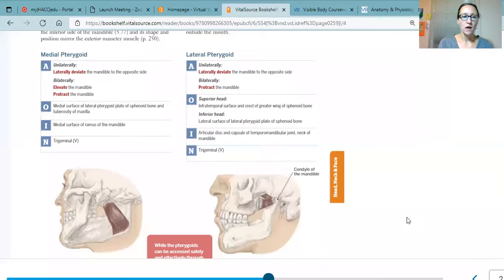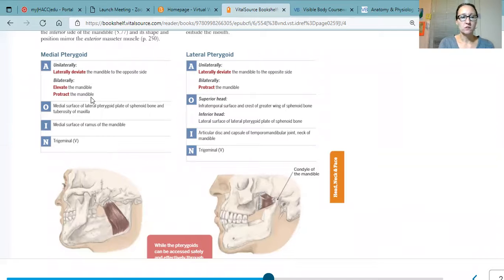Okay. There, again, you can't palpate any of that, but it's okay. We'll go back in here. All right. So medial surface of the lateral pterygoid plate of the sphenoid bone. Yes, that's all part of the sphenoid. Remember, the sphenoid makes these wing-shaped pieces inside the skull.